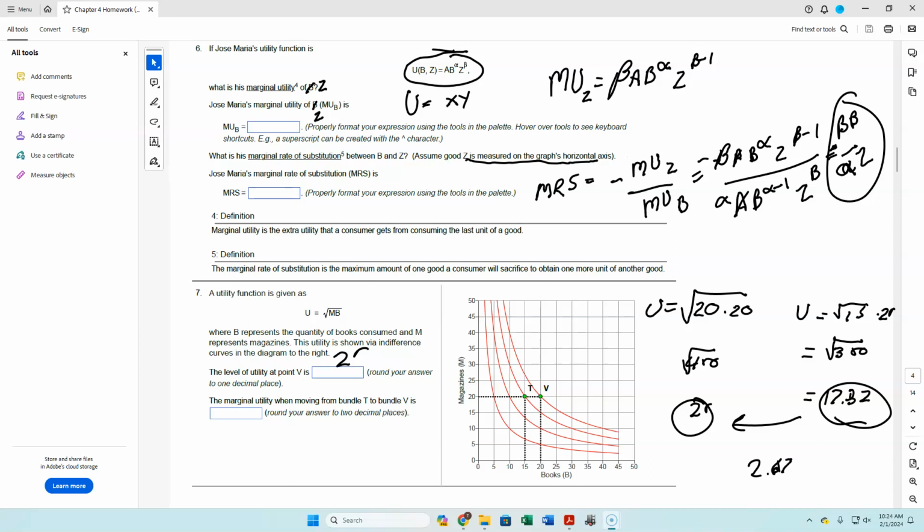That's the total difference from the two. But they want the marginal utility, so that would be per unit, whereas this is 5. So now we need to take that 2.67 and divide by 5 to get approximately 0.535 or 0.54 because they want you to round to 2 decimals.